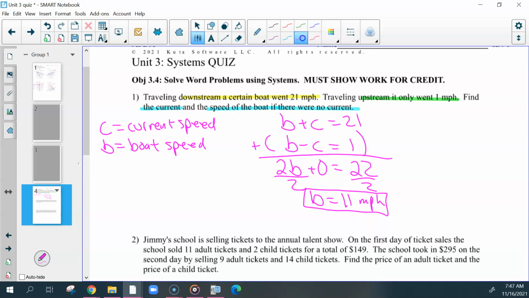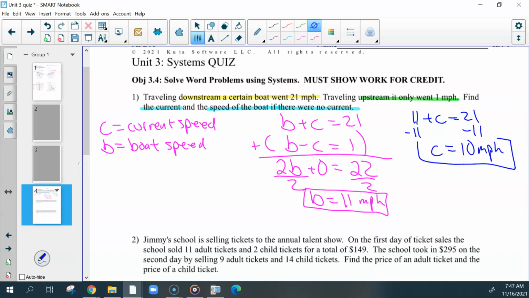Then we can put that back into either of these and find our C. Which would give us 10 miles per hour. So you would have got a point for this and this. Setting these two up correctly, doing this work, getting this answer, doing this work, and getting this answer.